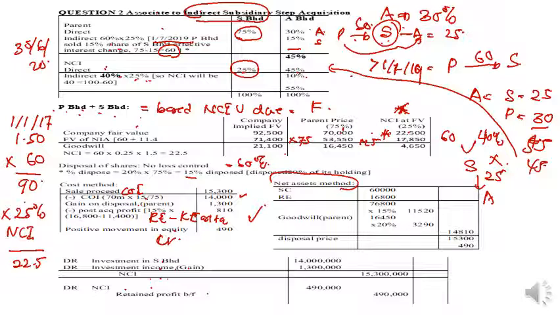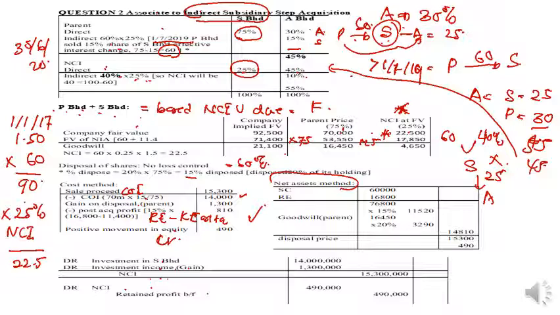And then indirectly here, 40% times 25%. The 40% here is because in S, P has 60%, which means that NCI has 40%. And in A here it is 25%. So you're going to times these two figures, 40 times 25%, so you have another 10%, so altogether NCI is going to have 55%.